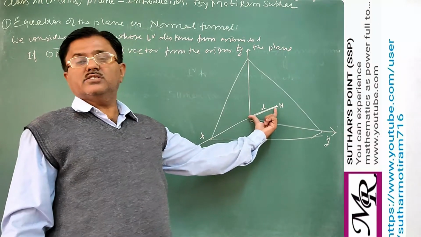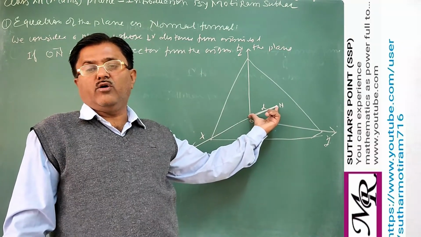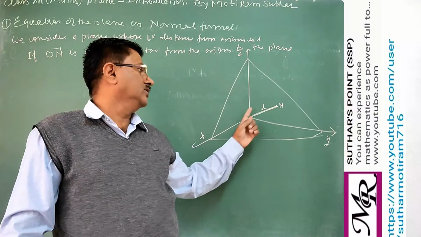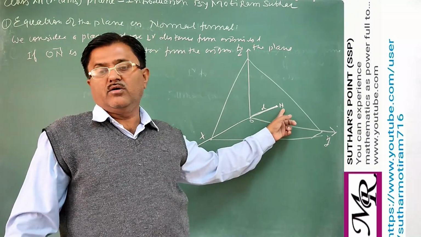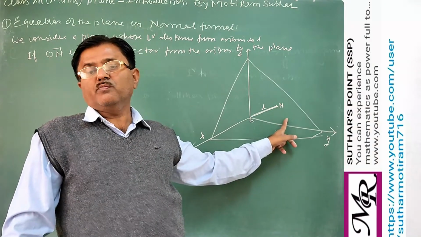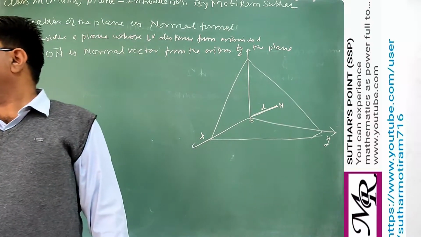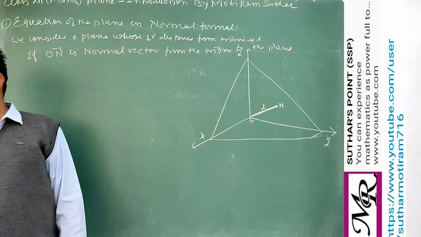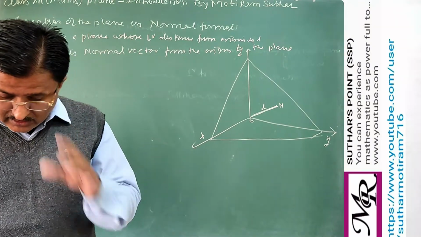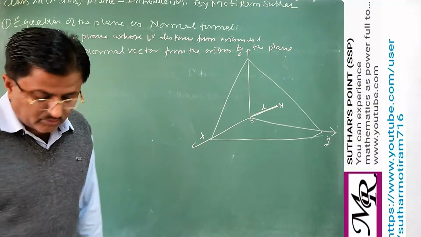We are saying this is the perpendicular distance, or in other words, this is a normal vector to the plane from the origin. Clear? We are taking ON as a normal vector, and n cap is the unit vector.